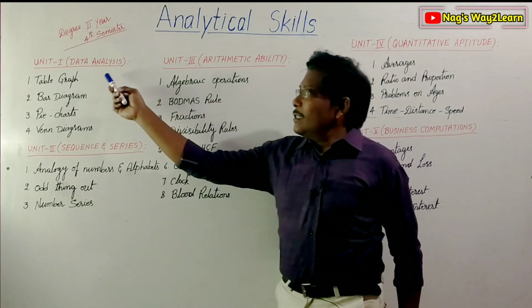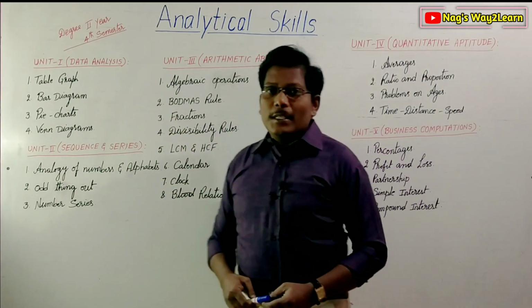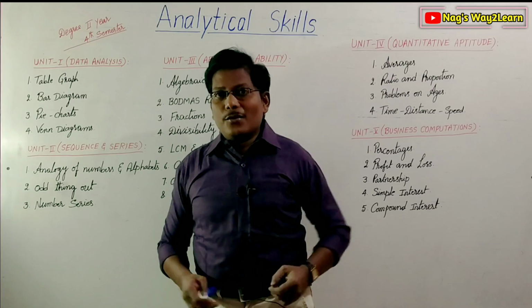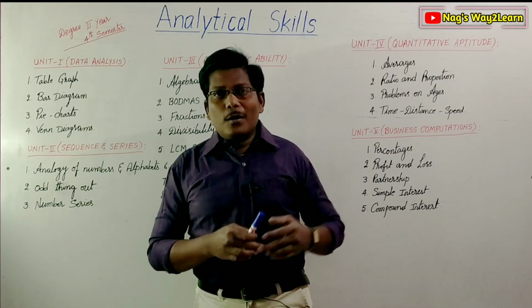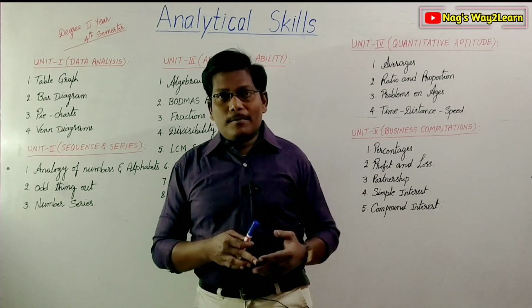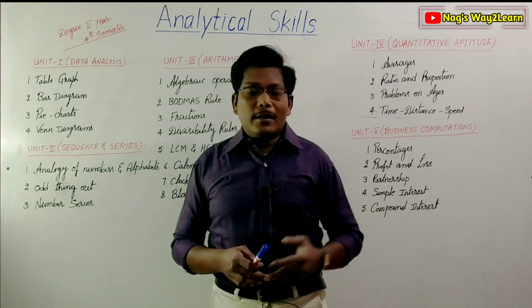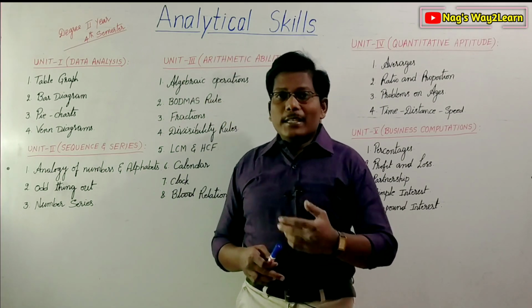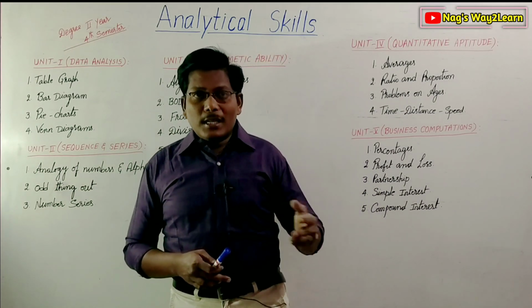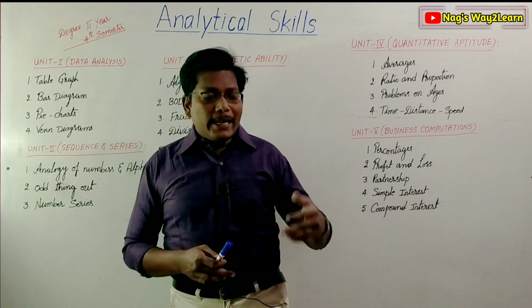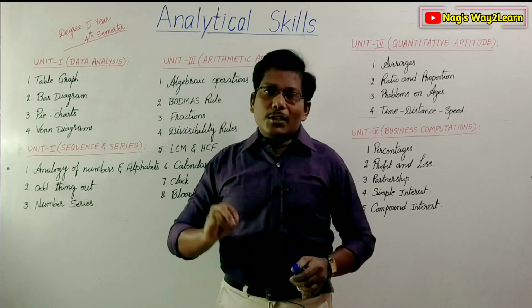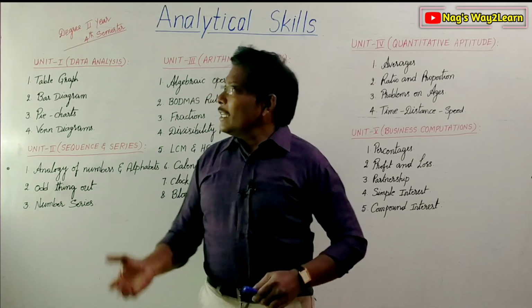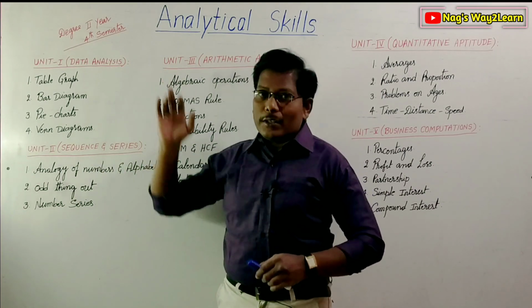And unit 1 is about data analysis. In competitive examinations, this is called data interpretation. If you go to any competitive examinations like banking, such as IBPS or SBI, and railway exams like RRB or Staff Selection Commission or campus recruitments, in all these examinations, one topic is given that is called data interpretation, but in our syllabus, this is called data analysis.